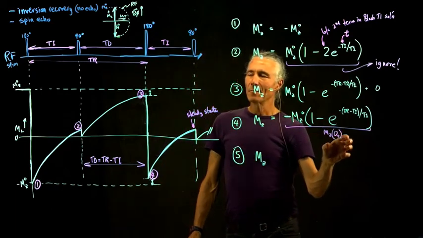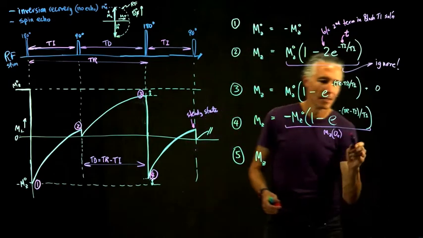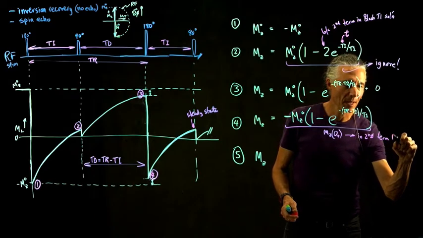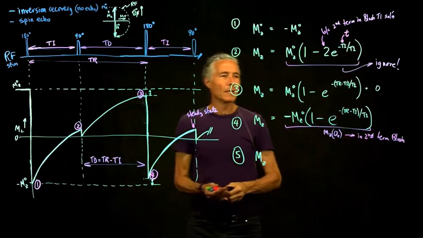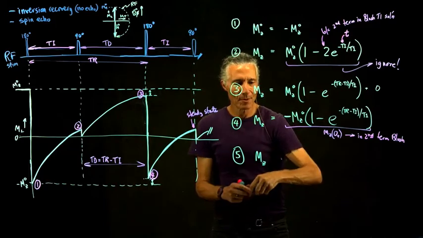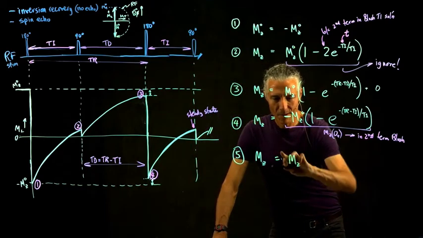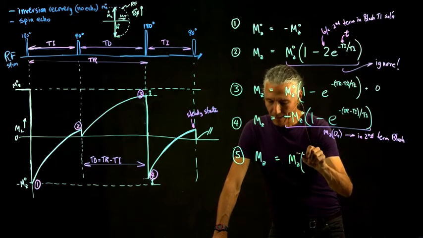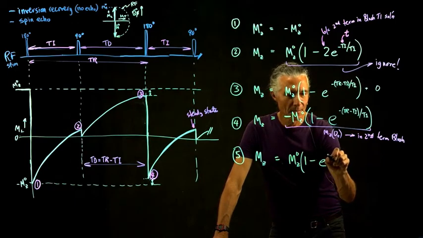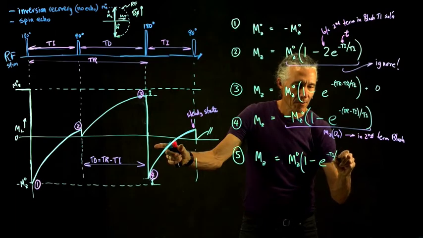It's the starting magnetization that we plug into the second term, so that gets substituted into the second term of the Bloch equation. So if we substitute it in, we end up with Mz0. The first term has our 1 minus e to the minus TI, just plain TI, because we're talking about this amount of recovery here, over T1.